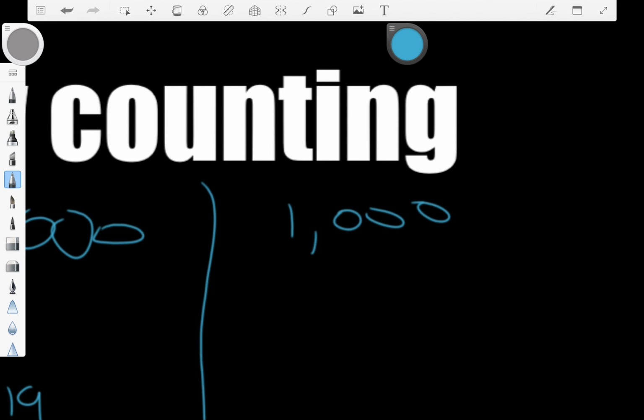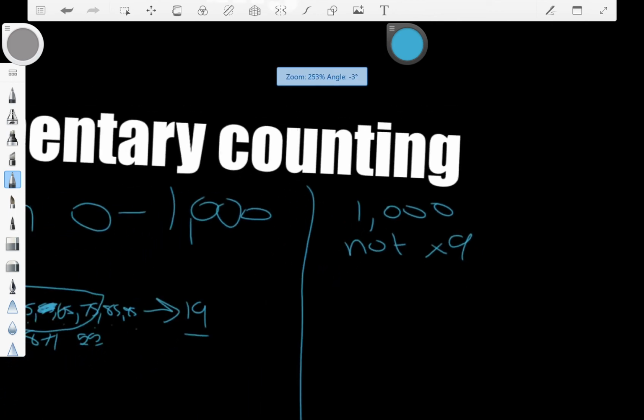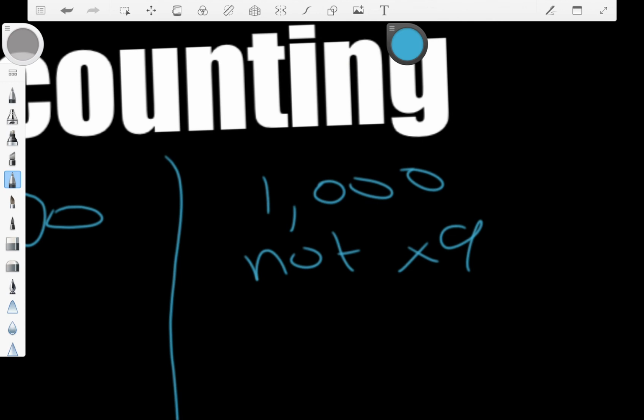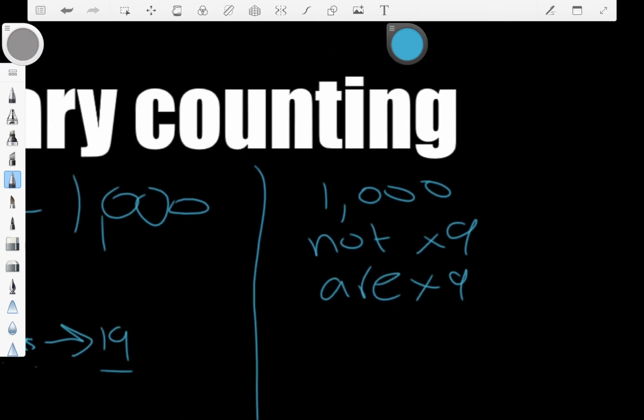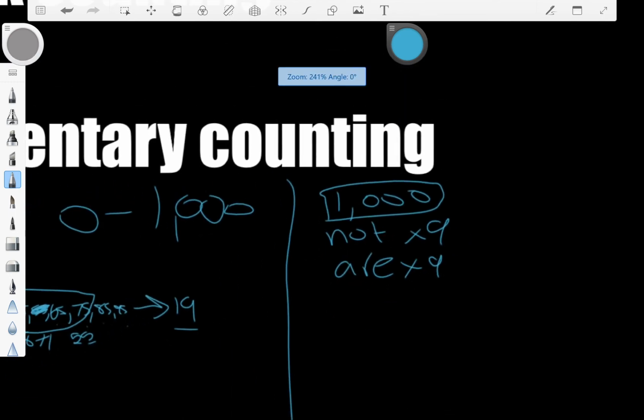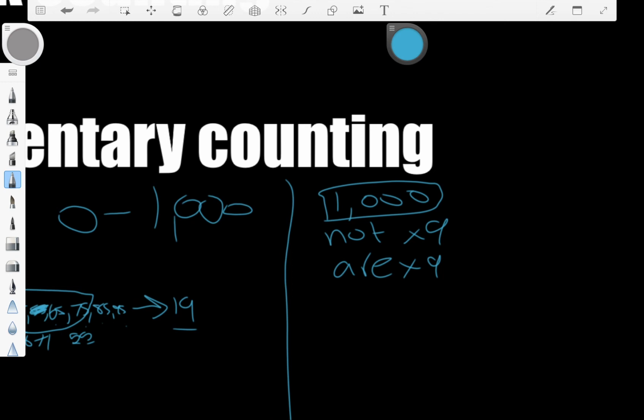Let's do an obvious one that obviously wants you to use complementary. How many are not multiples of 9, right? Obviously, that's a lot. But what you can do is find which are multiples of 9, and then subtract that from 1,000, right? And this is pretty useful.